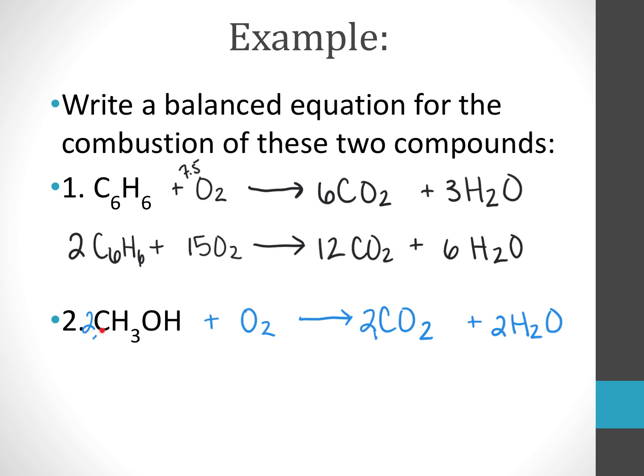But now I have 2 times 3, which is 6 hydrogens, and this 2 carries over, so there's 2 hydrogens here, so 6 plus 2 is 8. This side of the reaction has 8 hydrogens, so on this side I need to add, instead of a 2, a 4 there.